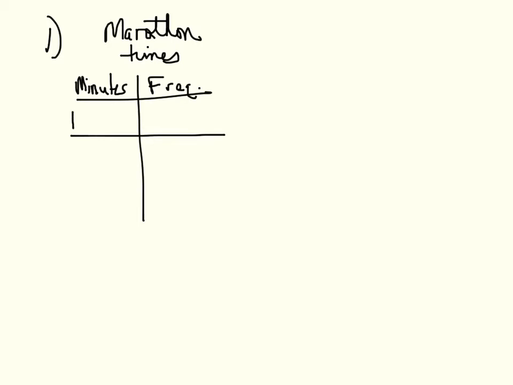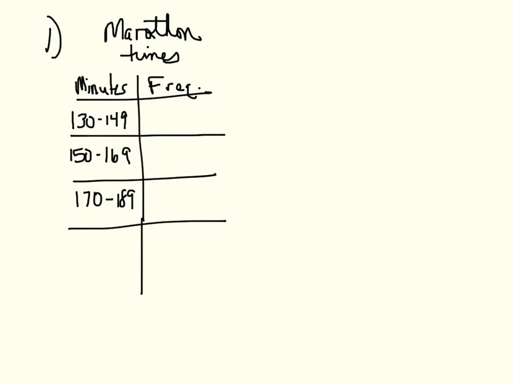So I'm going to do 130 to 149. And you could have something different. Then 150 to 169. 170 to 189. You could go by 25. You could go by 50. 190 to 209. 210 to 229.